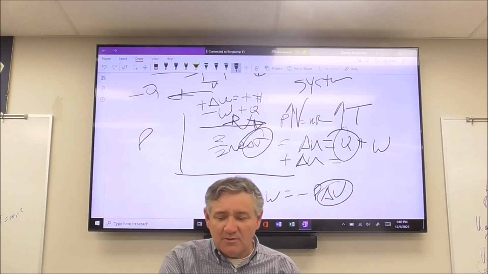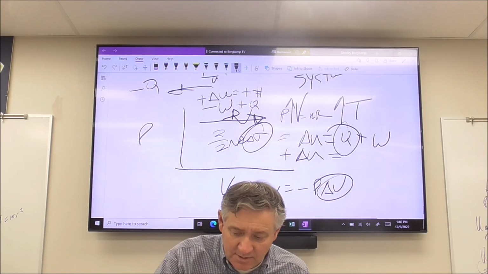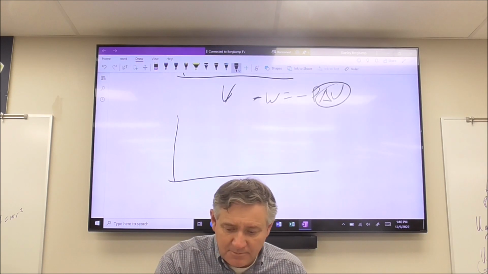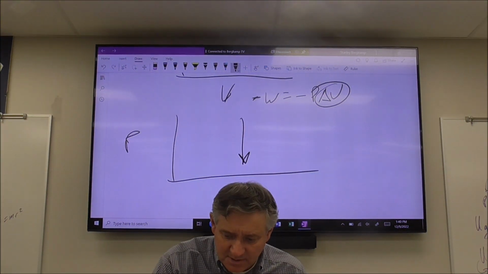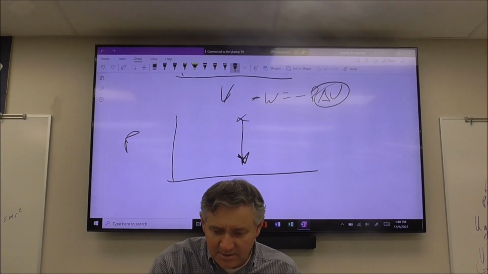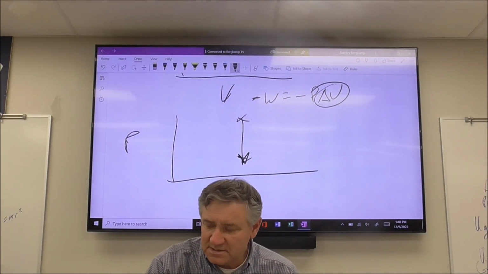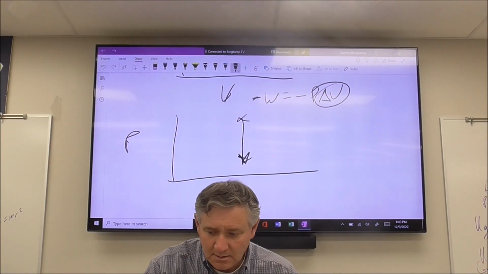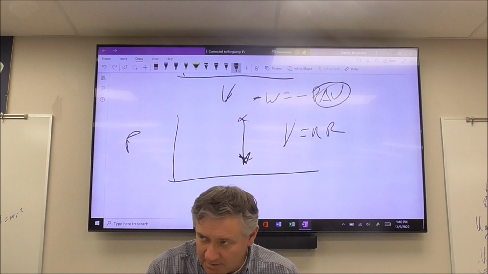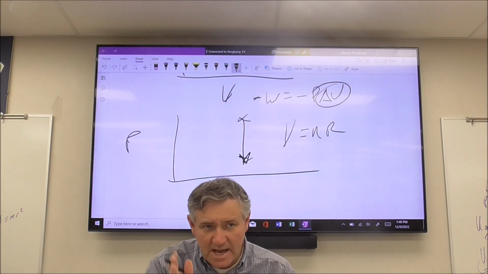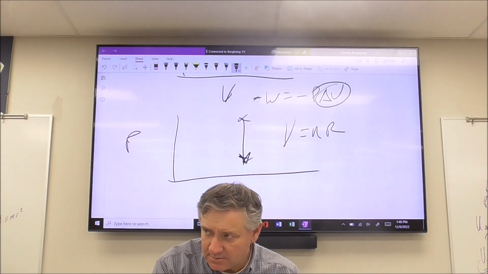Now, what we really haven't talked about is isovolumetric. On a pressure-volume graph, if you have an isovolumetric line, let's say we go from here down to here, what's going to stay the same? Volume. Volume's going to stay the same. But if I go down like this, what's going to happen to my pressure?